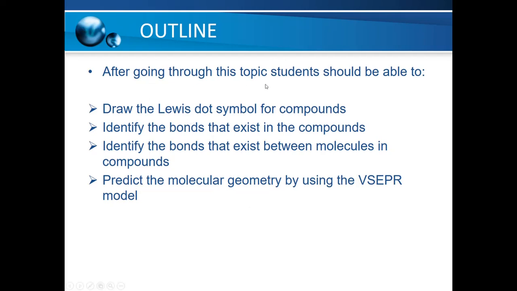After going through this topic, students should be able to draw the Lewis dot symbol for compounds, identify the bonds that exist in the compounds, identify the bonds that exist between molecules in compounds, and finally predict the molecular geometry by using the VSEPR model. For today, I will go through learning objectives number 1 and 2 first.